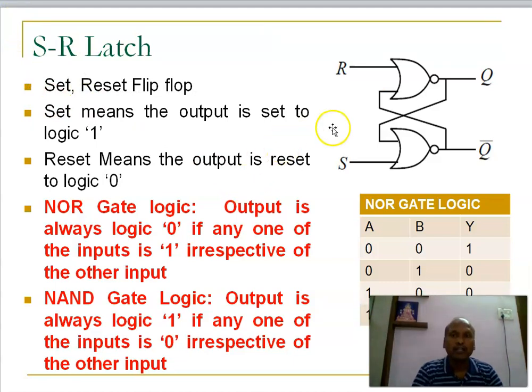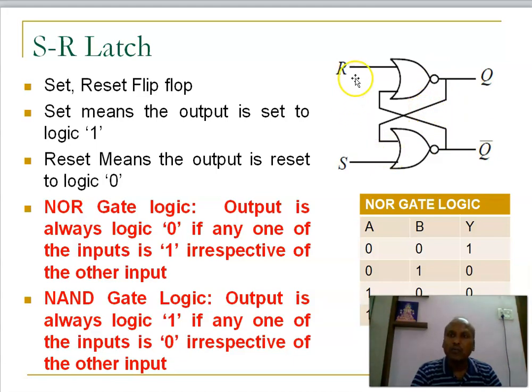It is a combination of two NOR gates, where one of the inputs is called reset and the other input is called set, and the two outputs are Q and the complement of Q.